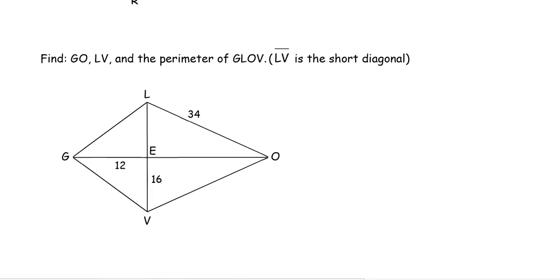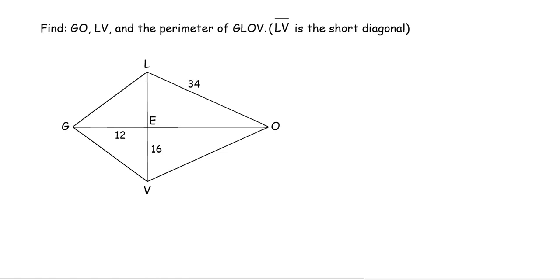All right, so that was looking at the angle measures. Now let's look at the side lengths. Remember, in a kite, we have consecutive sides that are congruent. So those two sides are congruent, those two sides are congruent. We have LV as the short diagonal, which means that's the perpendicular bisector.